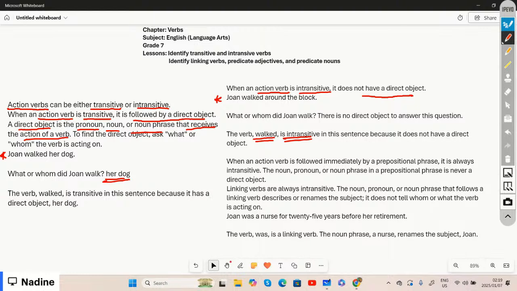The noun phrase within that sentence that renames the subject is a nurse. It renames the subject, Joan, because Joan, who is the subject, is also a nurse, or she's a nurse.